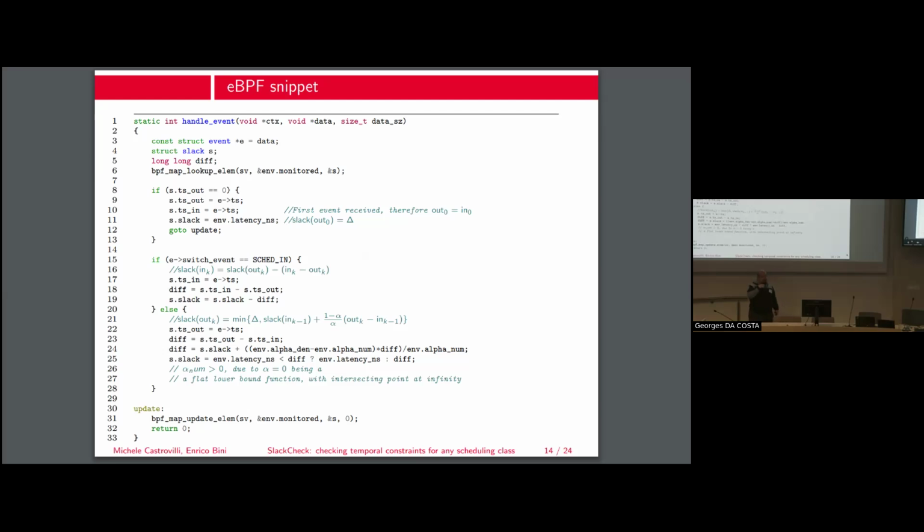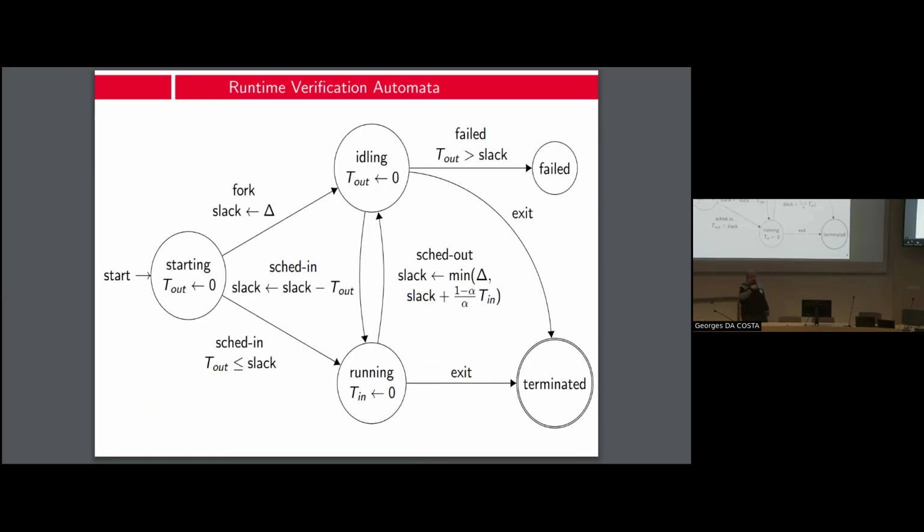Because thanks to the runtime verification subsystem that Daniel did, thanks to that, I can basically eventually make a reactor that when these conditions of the Slack less than 0 happens, I can make something happen eventually.